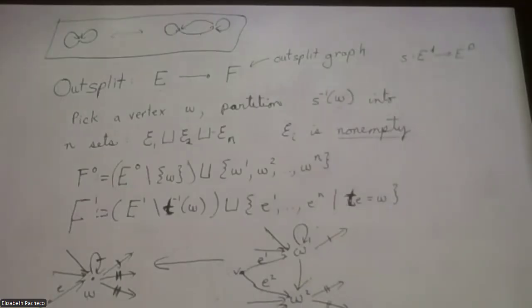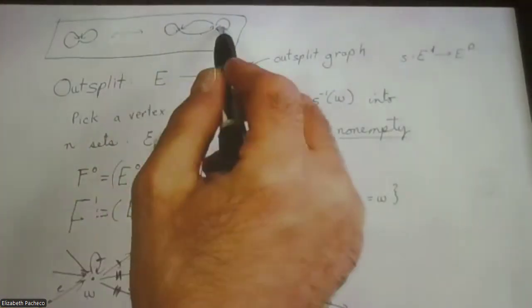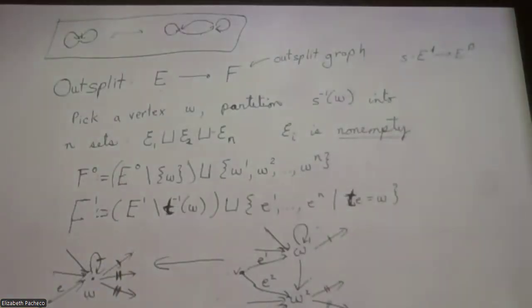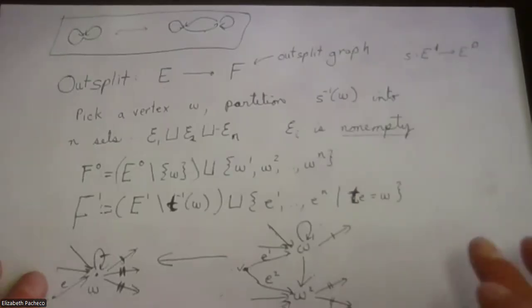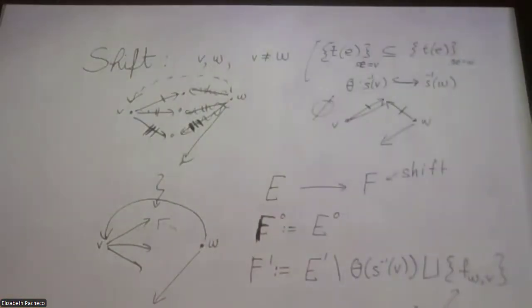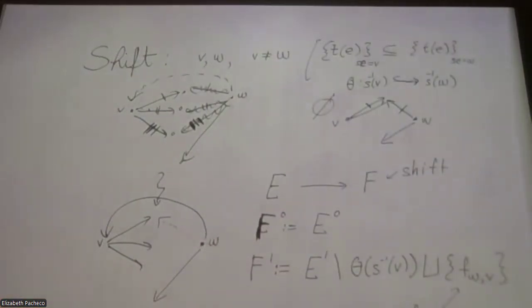So there are three different ways to describe this move: maximal outsplit, line graph, and derived graph construction. And all the time you get the same picture with this Mickey Mouse graph appearing. And this is what I wanted to add. And please bear in mind this shift, because I will use it in my talk.